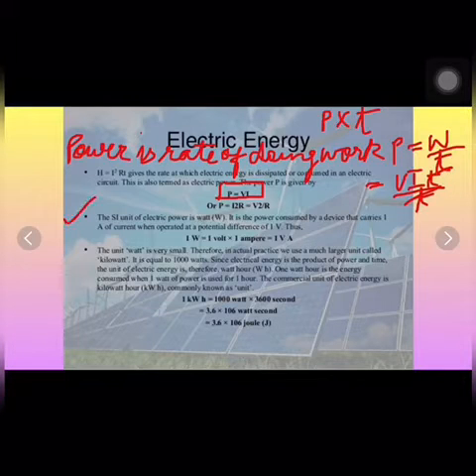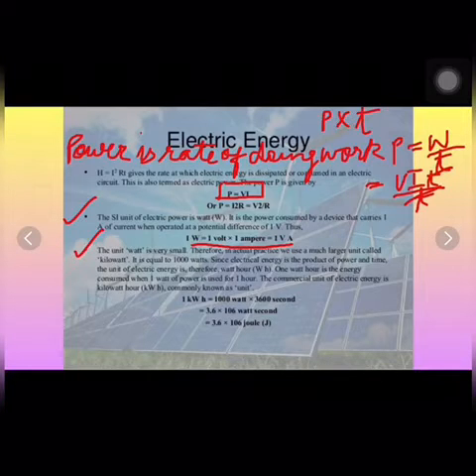So the SI unit of electric power is watt, and 1 watt is equal to 1 volt into 1 ampere. So 1 watt comes out to be 1 volt ampere. Now let us talk about the commercial unit of electrical energy. We know that the SI unit of energy is joules, and 1 joule represents very small amount of energy.